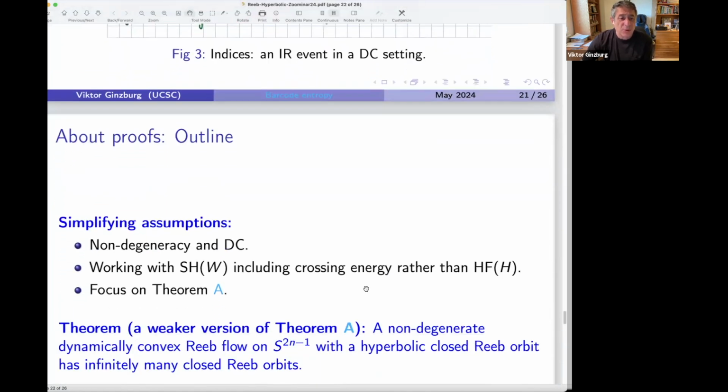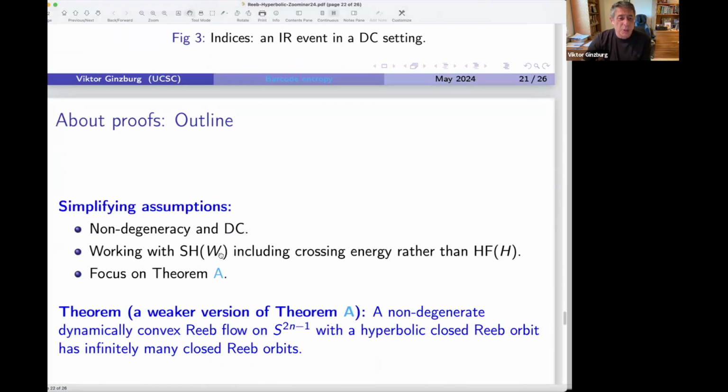So let's focus on a simplified version of Theorem A. I'm going to assume non-degeneracy. I'm going to assume dynamical convexity in its full form, and I'm going to work with the symplectic homology rather than the Floer homology.